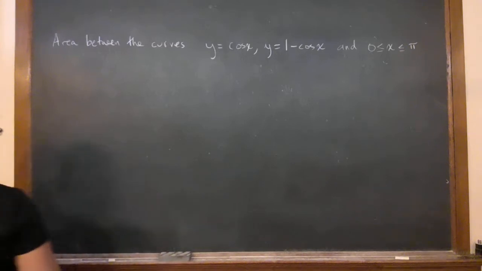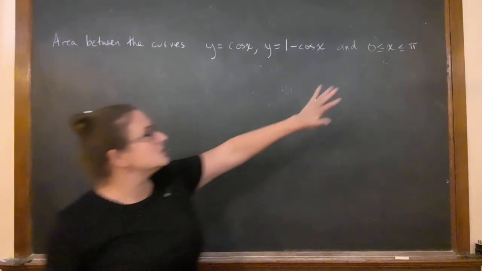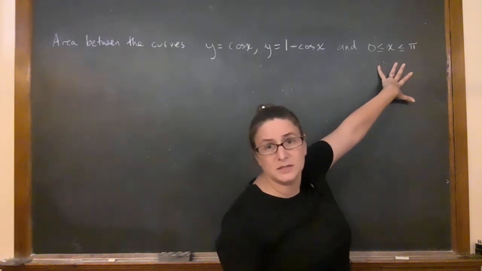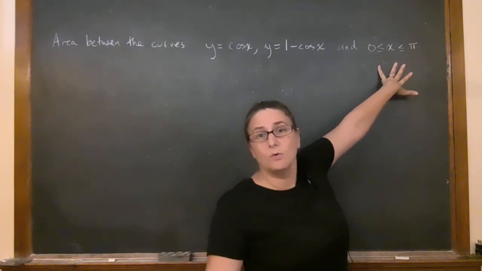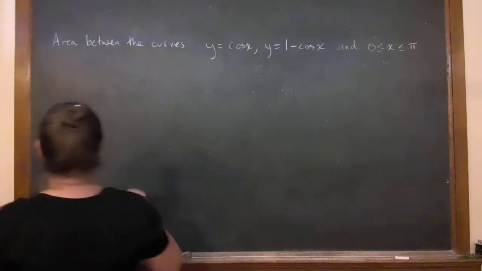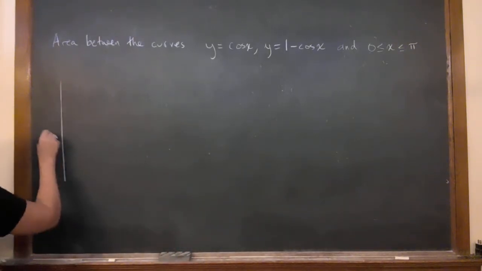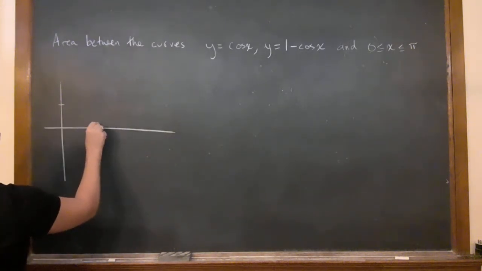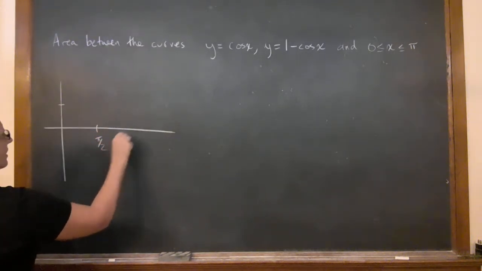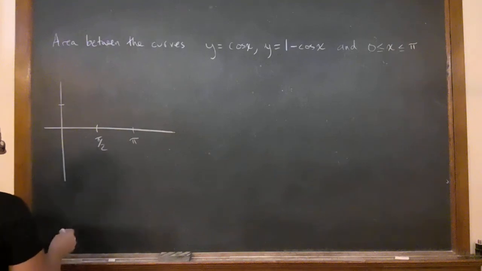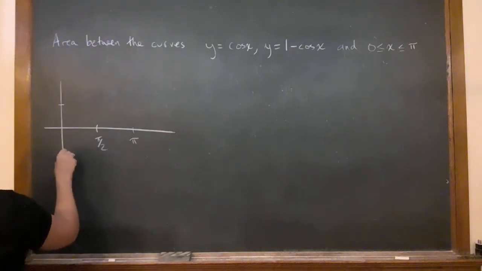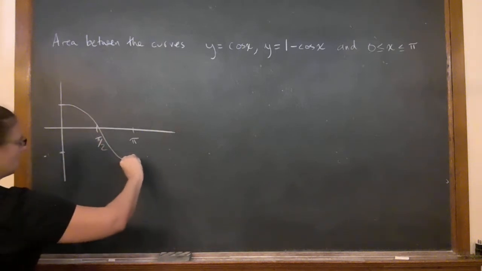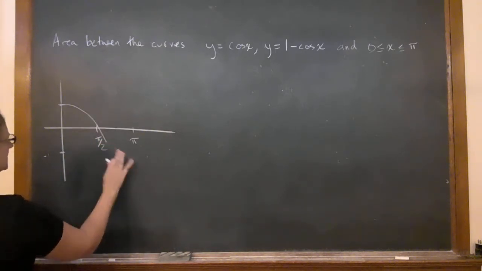Okay, so they gave you this, so you know that those are the final limits for the area that you want to find out. But let's see what this looks like when we draw it. So here's 1, and let's see pi over 2 and pi. So here's 1, here's negative 1. It's not the prettiest.